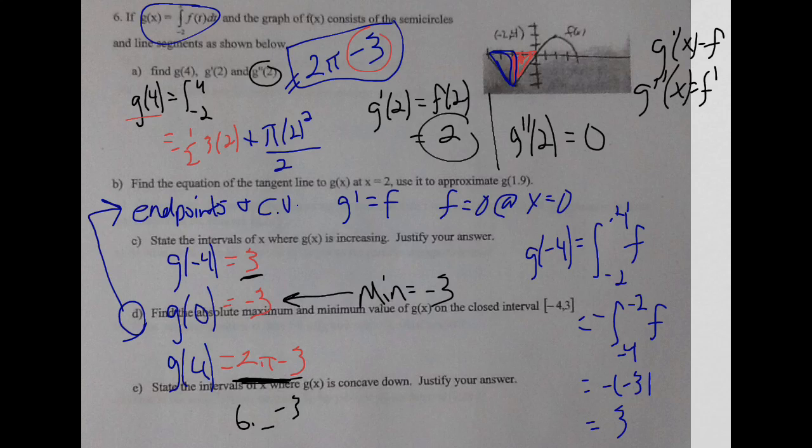So that gives me just 3 point something, 3.28 in fact. But I know that 3 point something is bigger than 3. So my absolute max is equal to 2 pi minus 3.